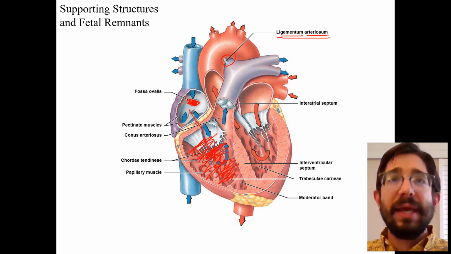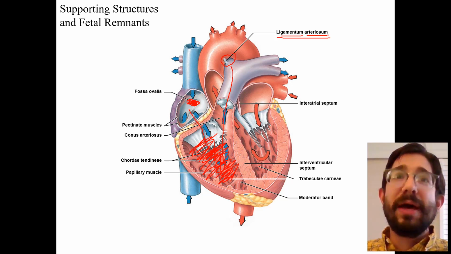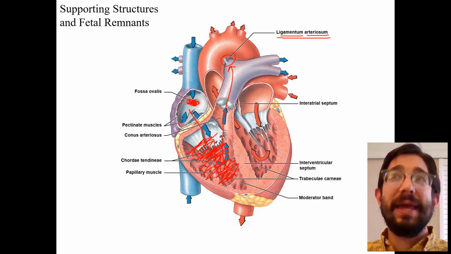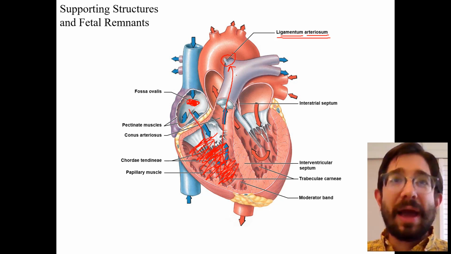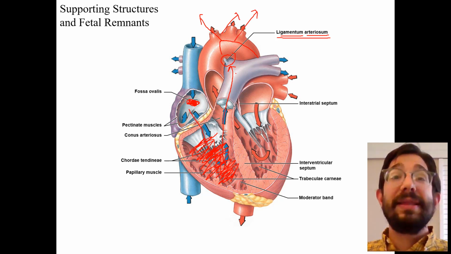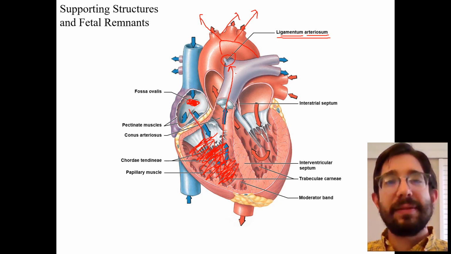And the heart will beat and that blood will start to head to the lungs. We don't want it to, but it's headed that way. But as a fetus, rather than continue towards the lungs, the blood will enter the ductus arteriosus, an arterial duct, an opening. And the blood will jump out of the pulmonary trunk and into the aorta and go off to deliver that blood out to the body. So it's a second way to bypass the lungs.